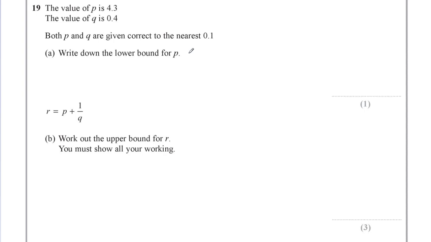Any lower than this, and it would round down to 4.2. So that's the first part, 4.25. Now part B. We have this equation, R equals P plus the reciprocal of Q. And we have to work out the upper bound for R.